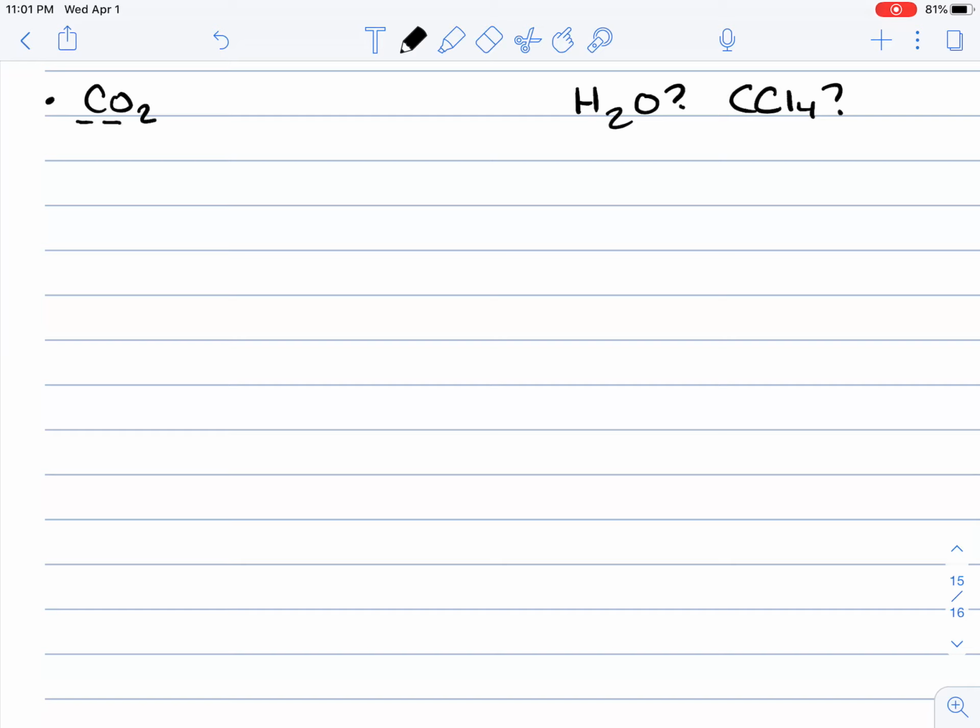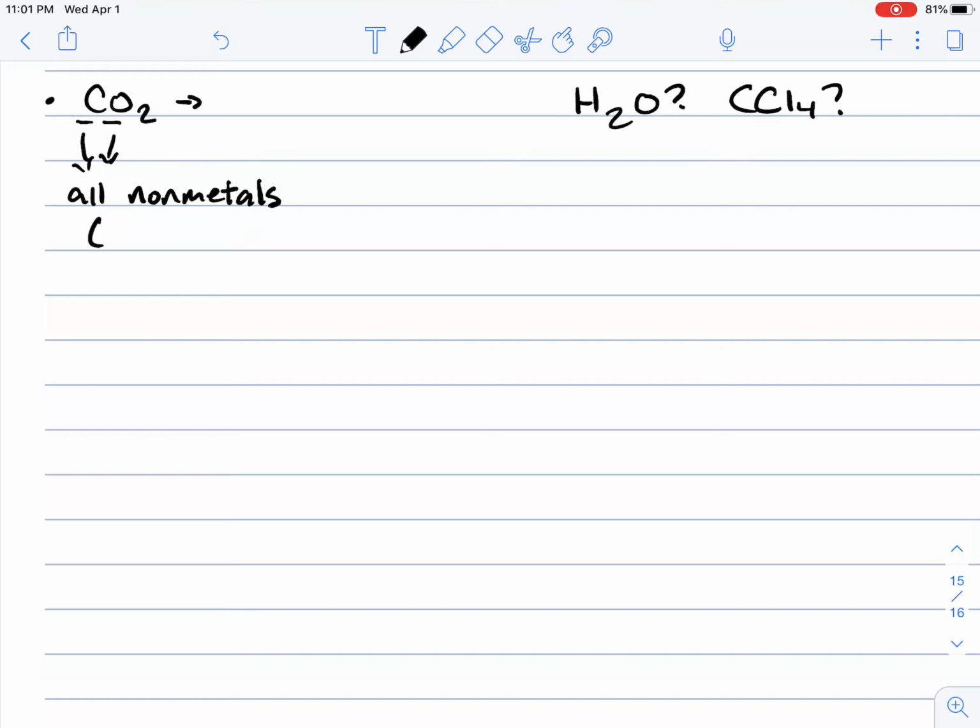Now, if you look at the identity of the elements inside this compound, CO2, they're all non-metals. And so this is a molecular compound, indicating that we could probably draw its Lewis structure to determine whether or not it's polar or non-polar. Okay, so I'm just going to put a note that says all nonmetals.